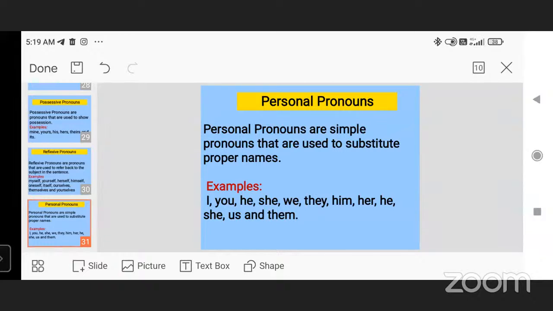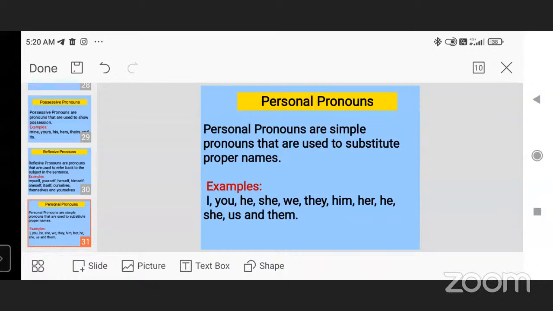Yes, ma'am. They will give you a sentence like this in the exam: She is a girl. If you have pen and paper, it is better. If you write and see, it is even better. So underline the word she.